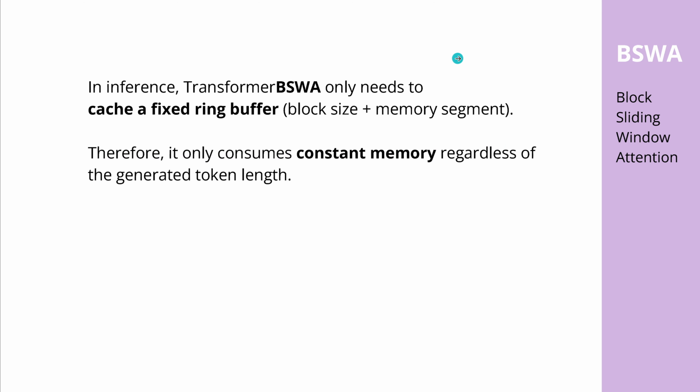But please note, in doing the inference, the transformer BSWA only needs to cache a fixed ring buffer size, so a block size and a memory segment. And you remember this from the infinite attention mechanism, where we had just a limited notebook. This is the same idea, of course. So therefore, it only consumes some constant memory regardless here of the generated token length.